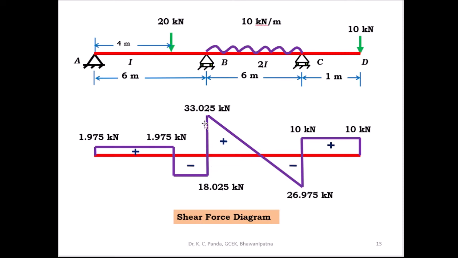So 33.025 divided by 6 minus x is equal to 26.975 divided by x. So from this relation you get the zero shear force position, and after knowing the zero shear force position, you can find out the maximum positive bending moment on the span BC.